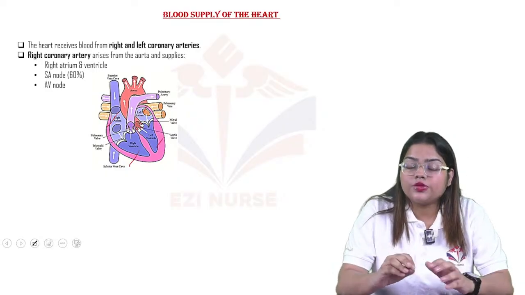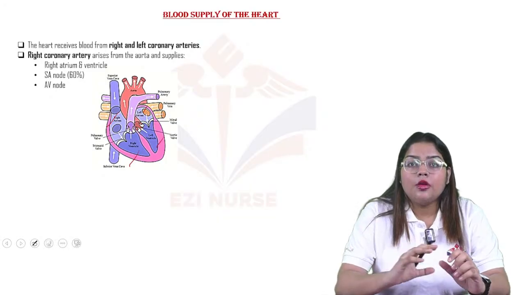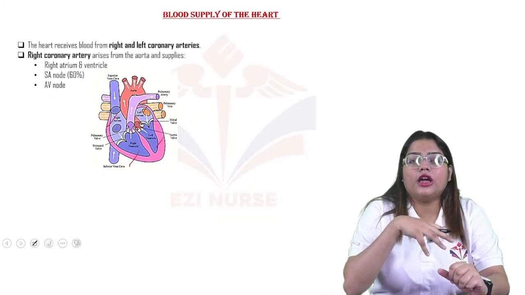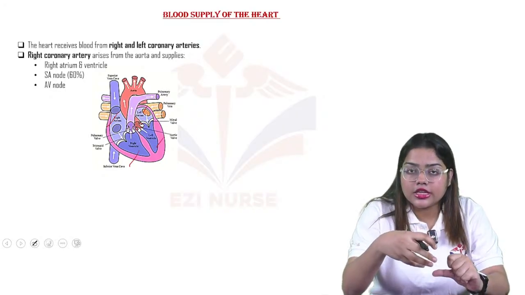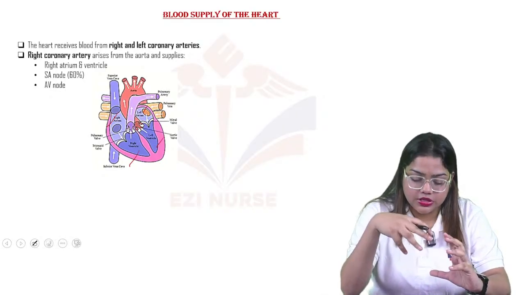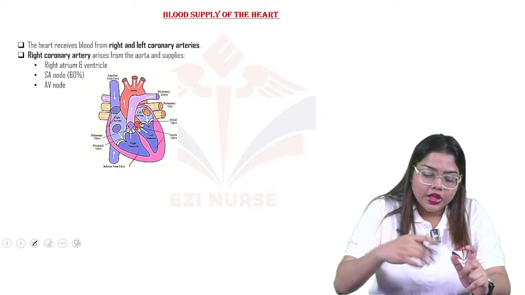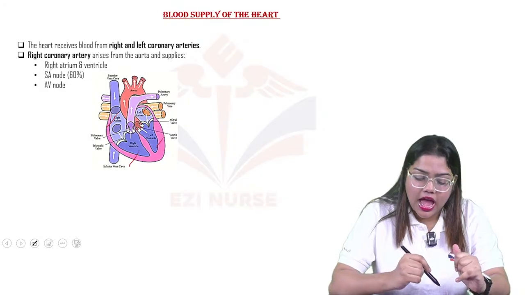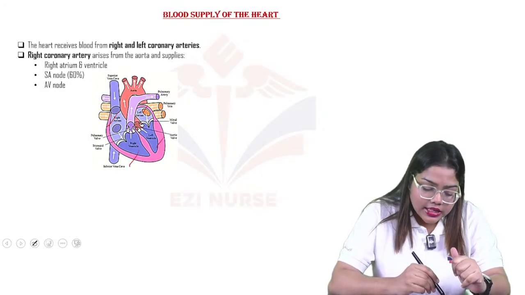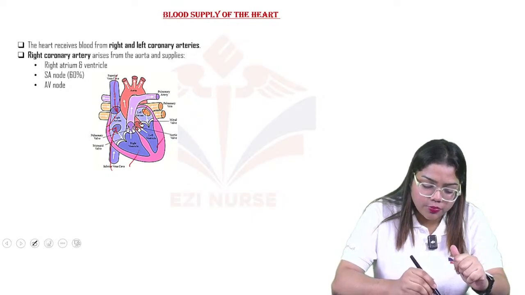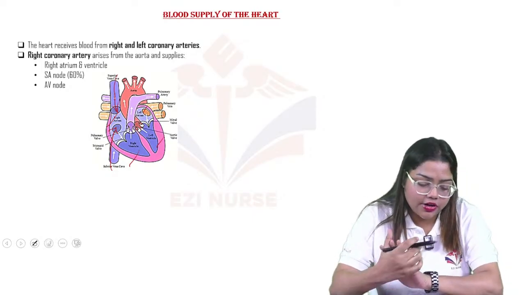First, from the body cells our blood collects carbon dioxide or toxic substances and carries them through the veins, and through the veins it comes to the superior vena cava and inferior vena cava. Then the blood reaches the right atrium, from both the superior and inferior vena cava.